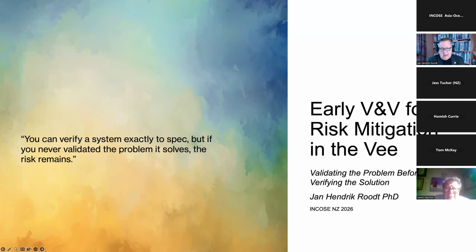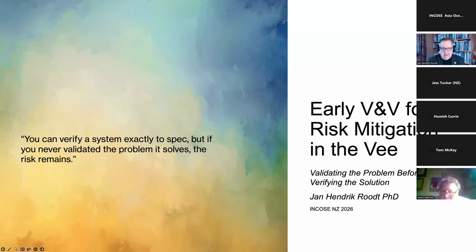So I think my first statement is that we are really good at building systems. I don't think there's a problem with that. But the question really is whether we are solving the right problems. And so this is what this is about today. Most of us in this room are quite comfortable with the concepts of verification, and we know how to check conformance, but risk often enters before we start building, right?